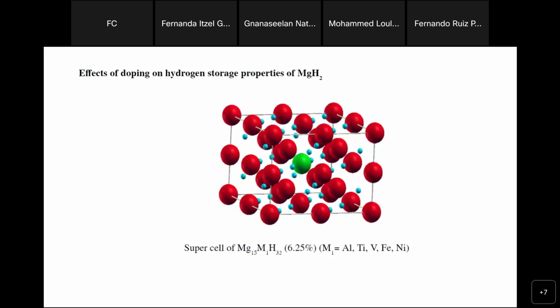In this supercell, we present doped magnesium hydride with one metallic element. And such a supercell corresponds to a concentration of 6.25%. Another slide, please.